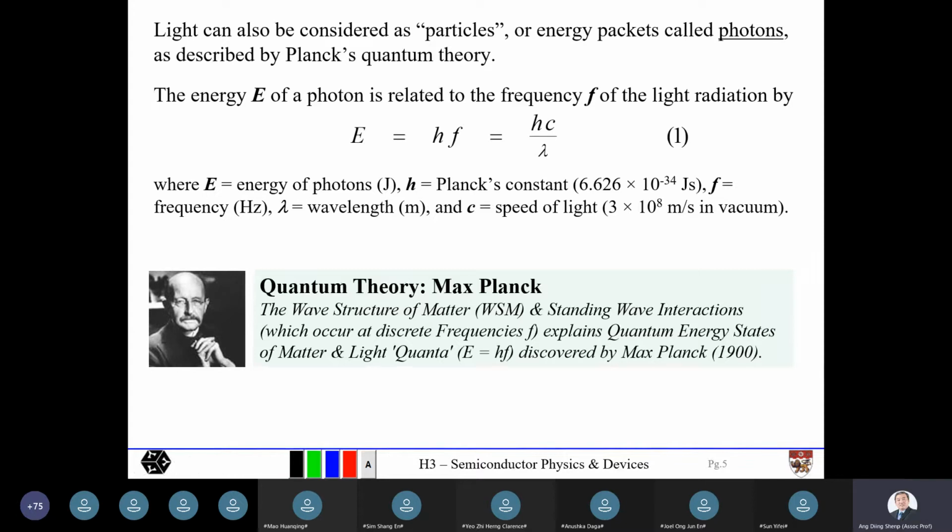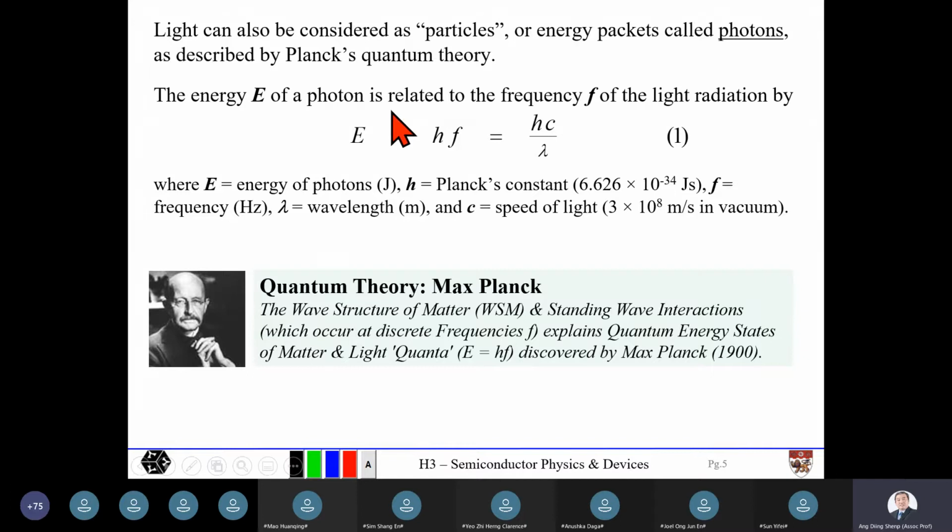At the same time, light can be regarded as waves. So that gives the name, the particle-wave duality nature of light. When do we regard light as particles and when as waves? I'll come to this later on.